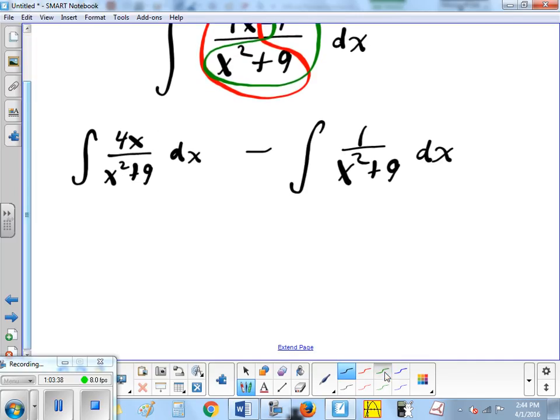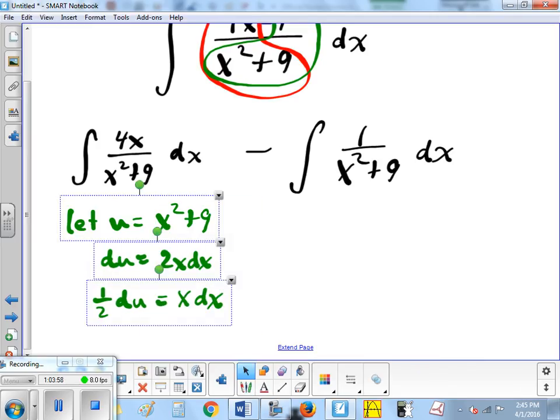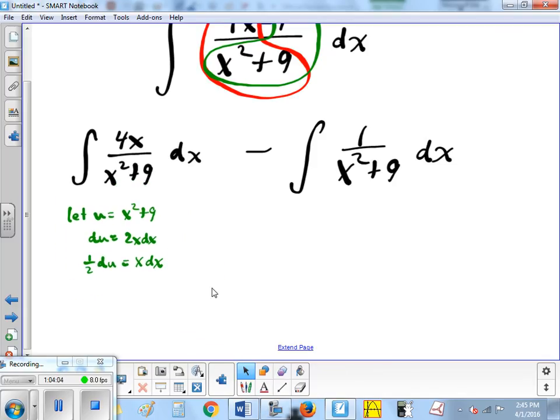The first one's a u sub, so you're just going to let u equal x squared plus 9. du is 2x dx. In other words, 1/2 du is x dx. Okay.